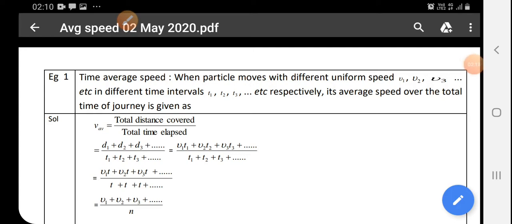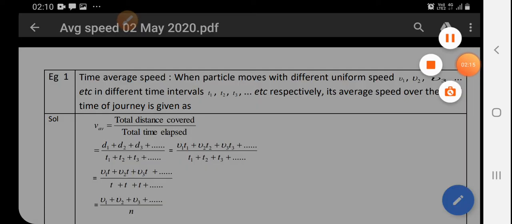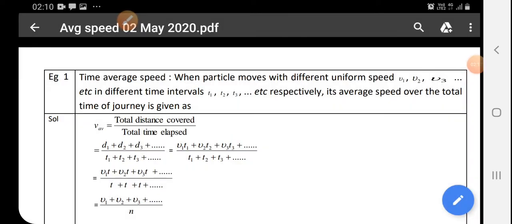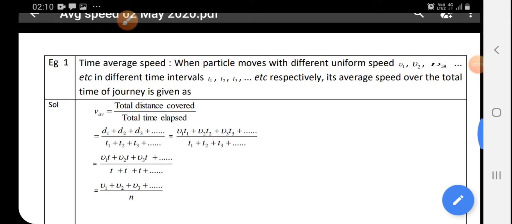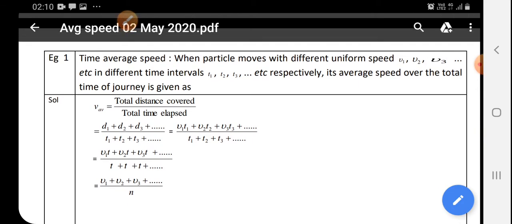Students, we have an example for the explanation of a journey in case when the idea of time is given to you. For example, velocities of a particle are given to you and the time intervals are also given.